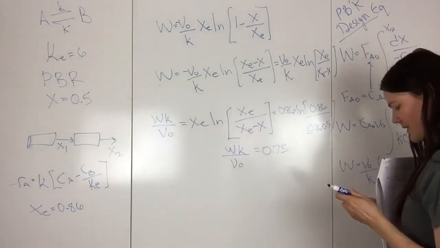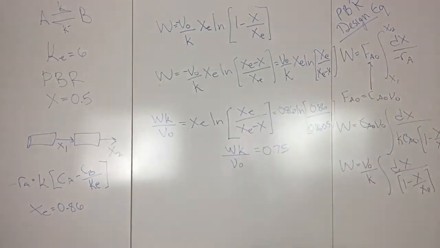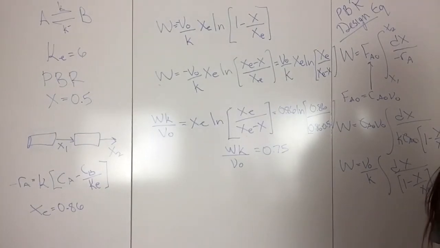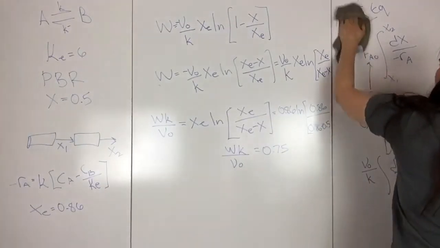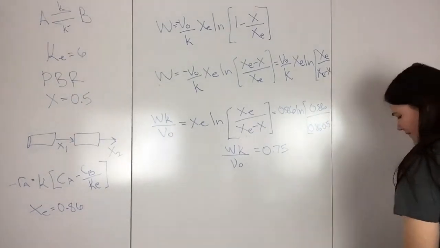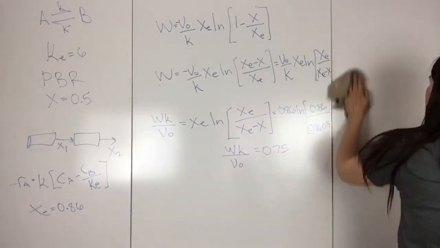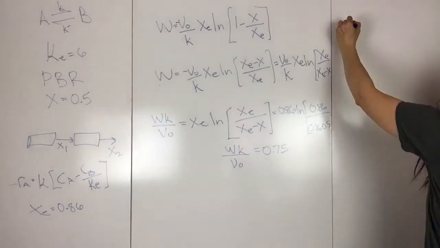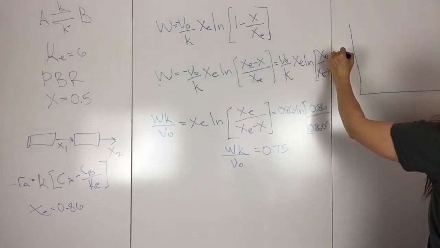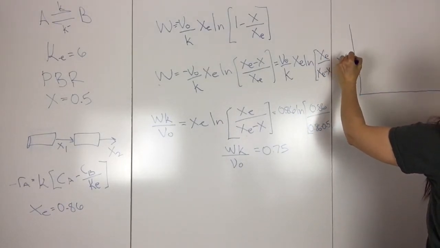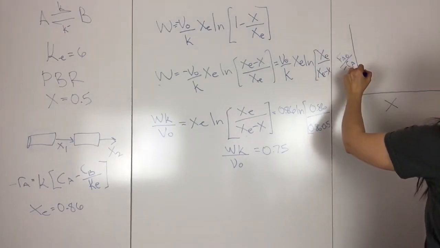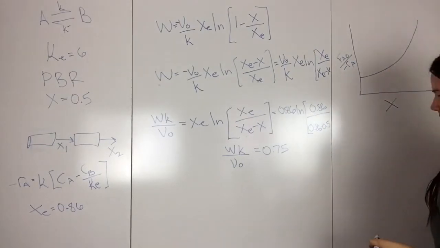And if you remember, solving graphically for reactor design, you remember that in this plot you would normally have, say, Fa naught over the rate by x, and then you would end up with a curve that maybe looks something like this.